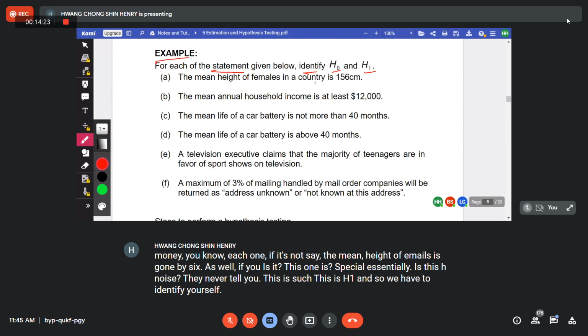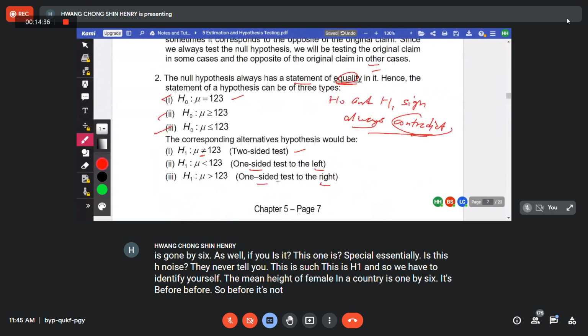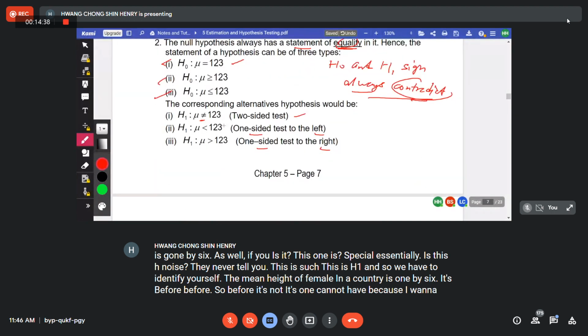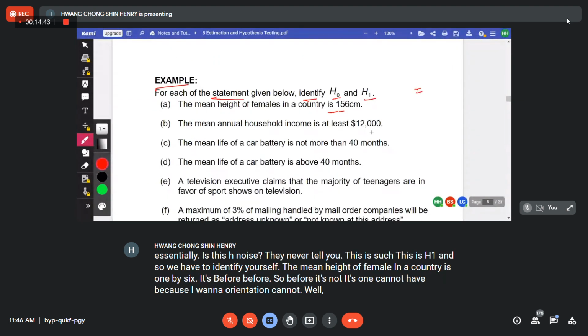The mean height of females in the country is 156. Is means equal, right? So equal is for H0 or H1? H1 cannot have the equal sign, only H0 can. So it is H0.